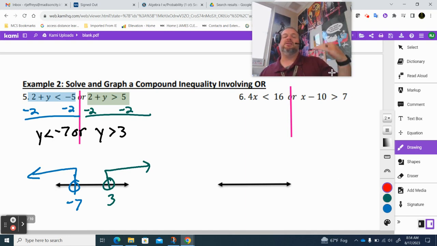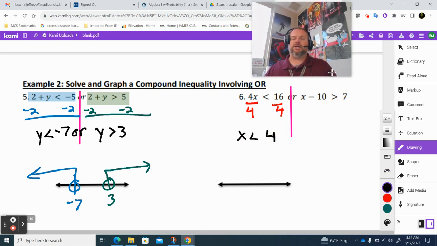All right. Number 6. Let's look at this left-hand side. What is happening to x? Multiplied, so we need to divide. All right. So now we're going to have x is less than 4. Okay. On the right-hand side, what is being done to x?